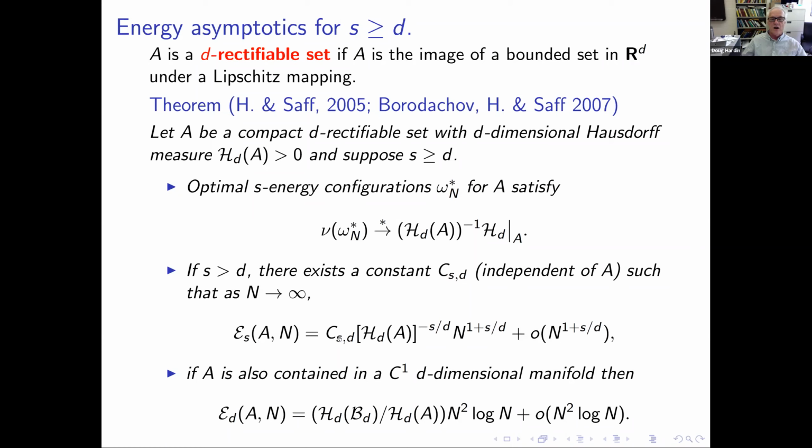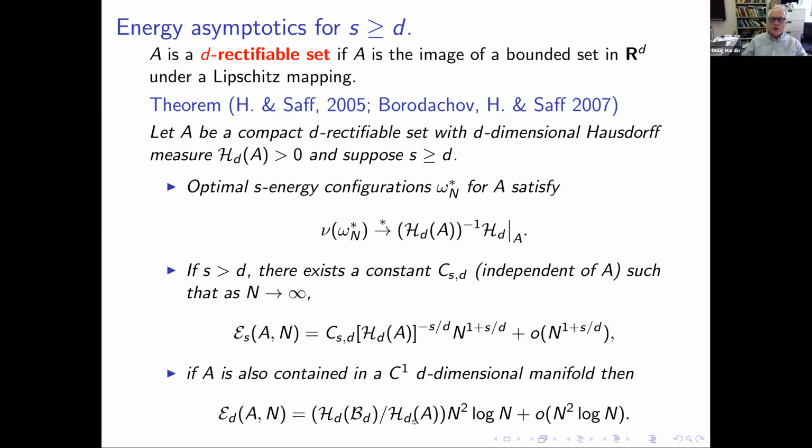In any case, there's this constant C_{S,D} that's coming up. In this case, C_{S,D} is independent of A and reflects, well, we'll see what it reflects. The only place that A comes in right now is in the D-dimensional Hausdorff measure H_D of A.